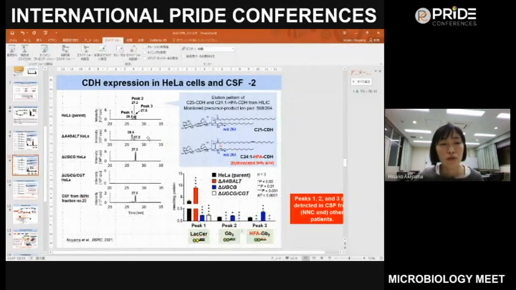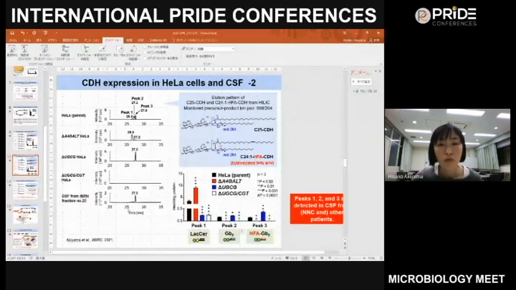This is a result of CDH having C25:0 fatty acid in the ceramide part. In the parental HeLa cells, in addition to peak 1 and peak 2, another peak, peak 3, was detected. A peak with a similar retention time to peak 3 was also detected in the purified fraction from CSF.